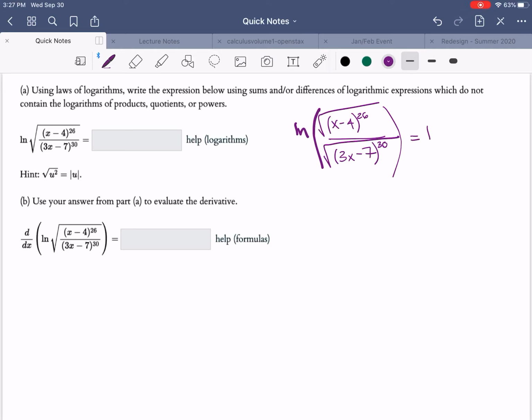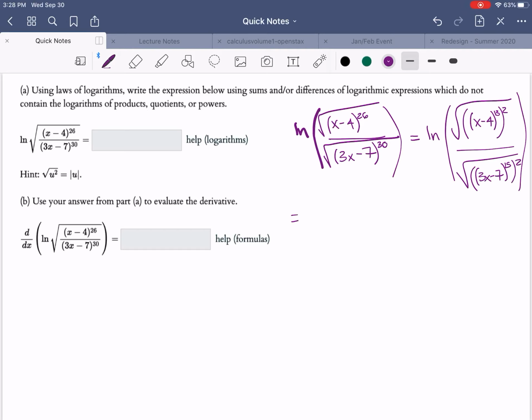So now we rewrite this as x minus 4 to the 13th, squared, and take the square root, because we can separate this exponent 26 as being 13 times 2. And the same for the denominator: we write 3x minus 7 raised to the 15th, that's being squared.